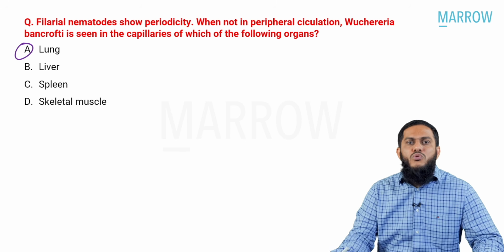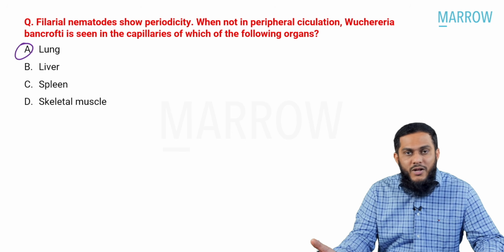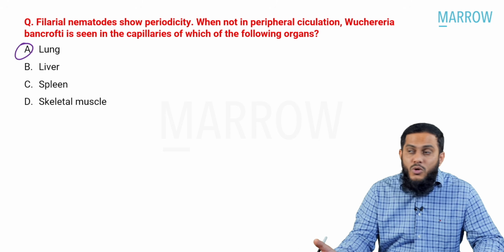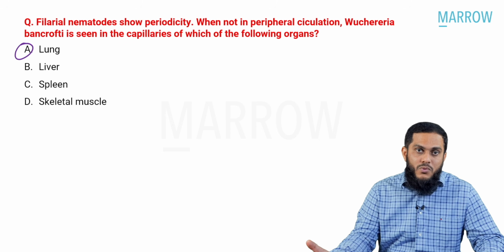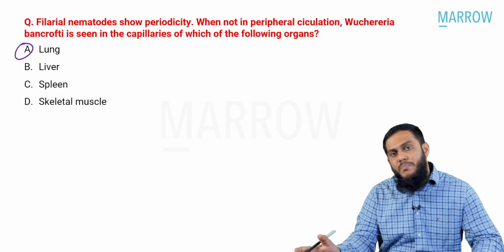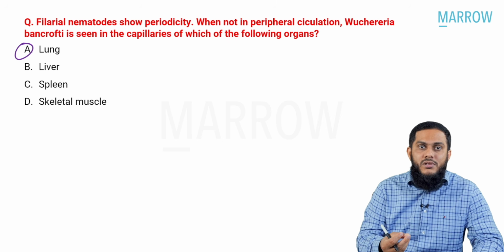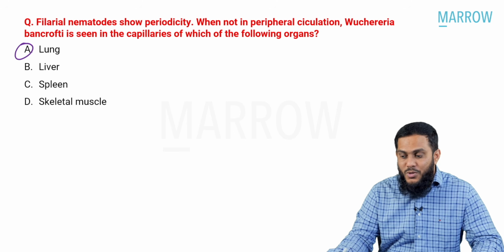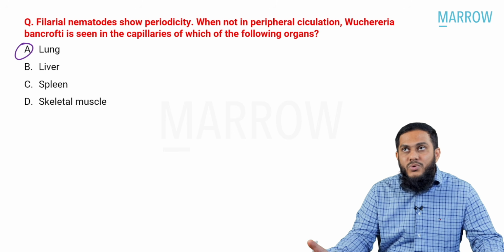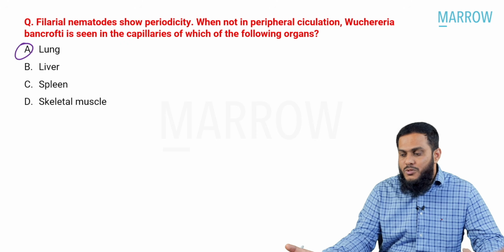So this is a complete bouncer question, difficult to answer. Nobody could have discussed this, and nobody could have predicted it in their dreams. These kinds of questions are like bouncers. Sometimes examiners simply ask whatever they feel like. Otherwise, this question does not make sense to me, because when they are not in the blood during the daytime, we are least bothered about where they are.